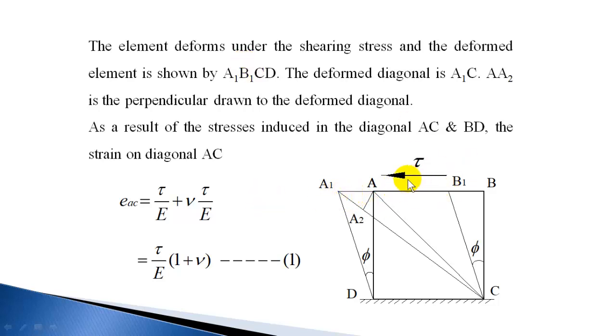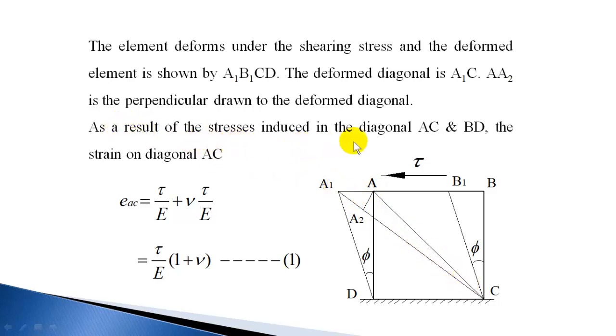As a result of this shear stress, the element deforms into this shape, and the deformed diagonal is A1C. I am dropping a perpendicular to the deformed diagonal. Okay. A2 is the perpendicular dropped to the deformed diagonal A1C.